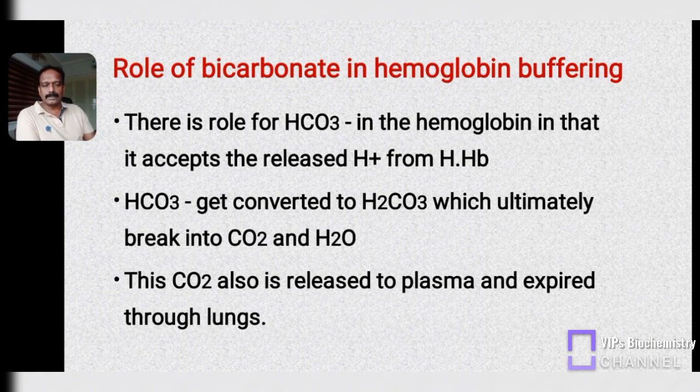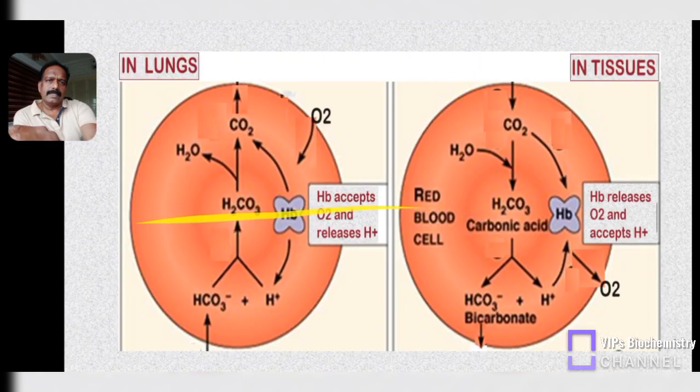Now, the entire thing is reversed in tissues. In tissues, the Hb gets deoxygenated. It releases oxygen, it unloads oxygen to tissues, and at that time it becomes HHB.